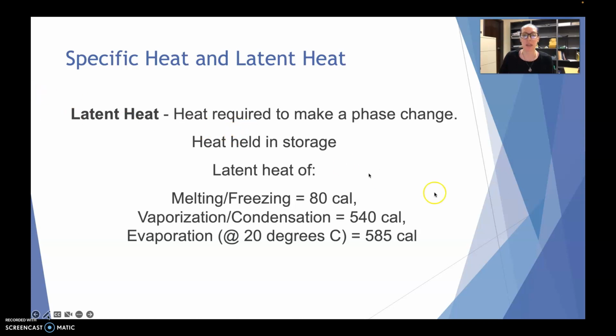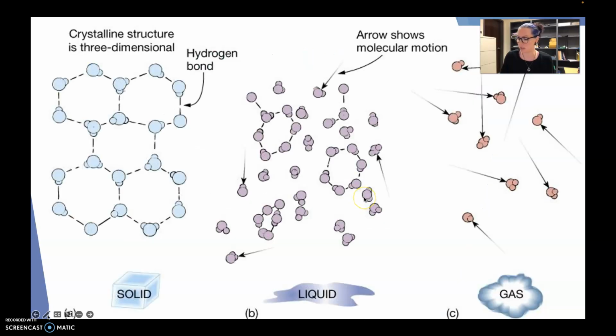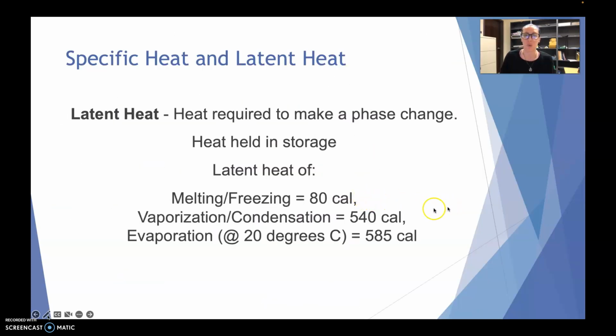So the big thing to take away from this is that the latent heat of the process of melting or freezing is only 80 calories, whereas the latent heat for vaporization or condensation is much higher, 540 calories. The unit that we're using here is calories, and you can think back to food, right?